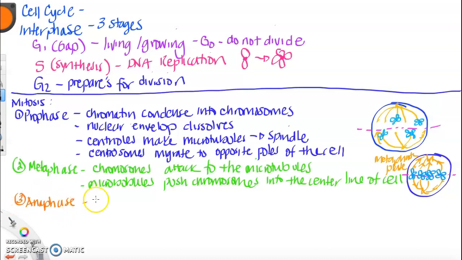So in anaphase, sister chromatids are split.